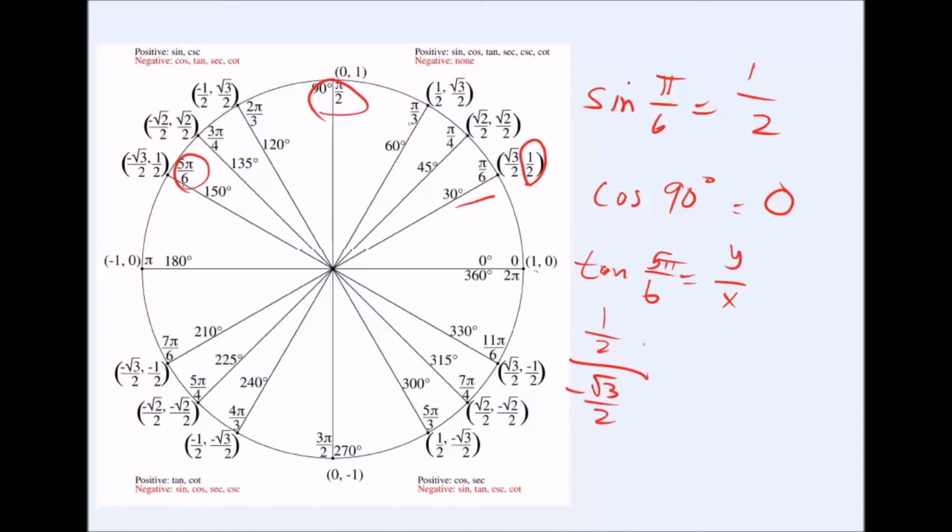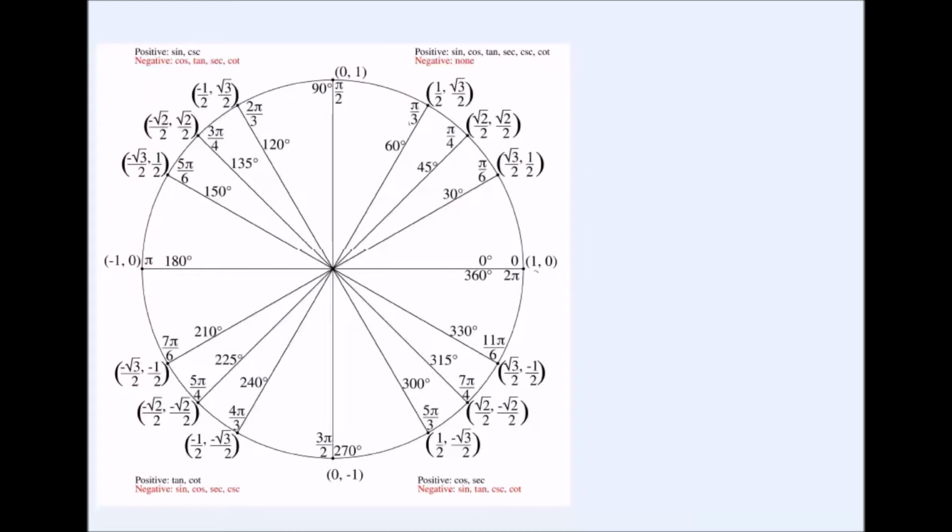To divide fractions, multiply by the reciprocal, so multiply by negative 2 over radical 3. You can cross cancel the 2's, leaving you with negative 1 over radical 3. And then multiply by radical 3 over radical 3 to get the square root out of the denominator. So you have tangent of 5 pi over 6 is equal to negative root 3 over 3.